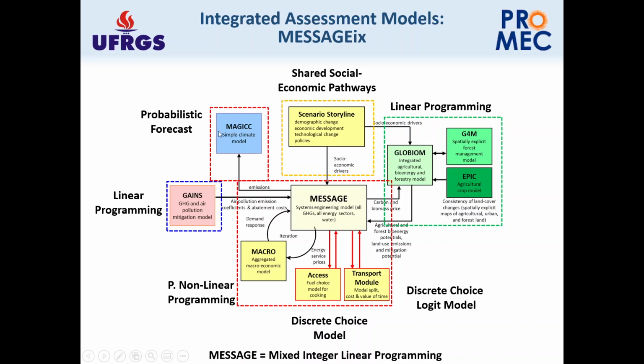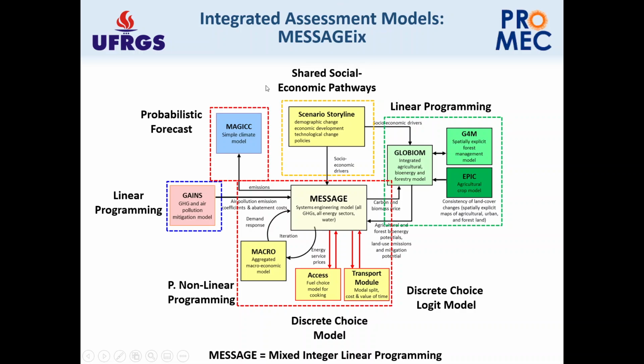You have MAGICC. MAGICC takes the CO2 data from MESSAGE and tries to estimate the impact on the climate: how much the world is going to warm up, how much sea levels are going to increase.